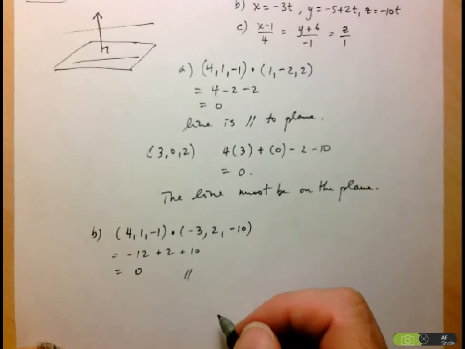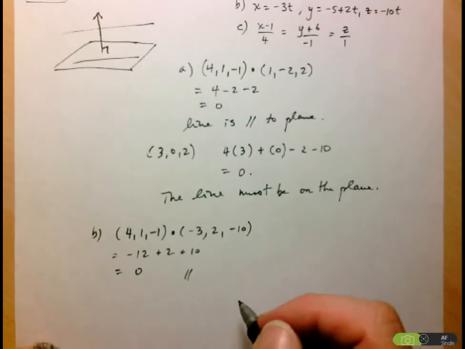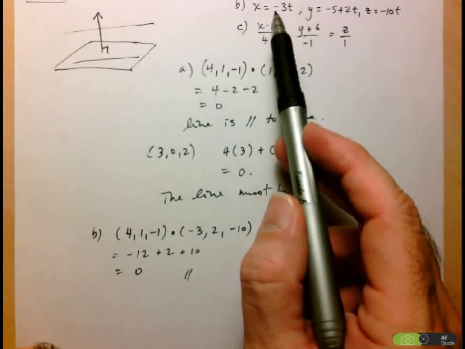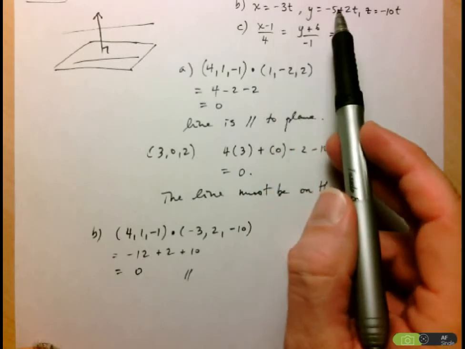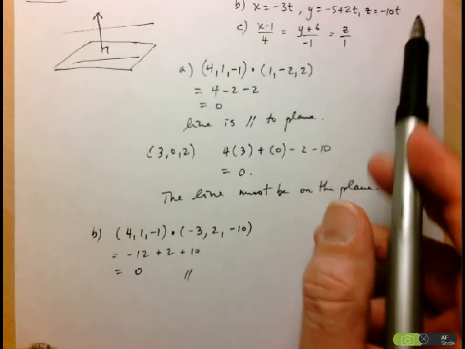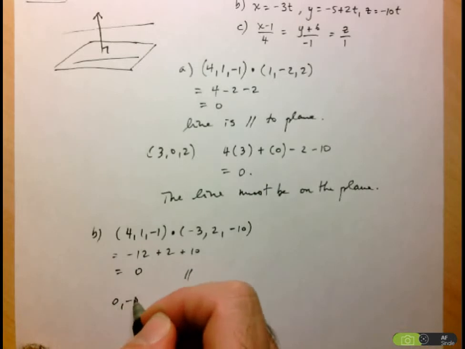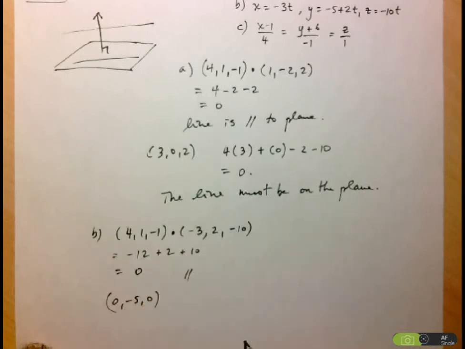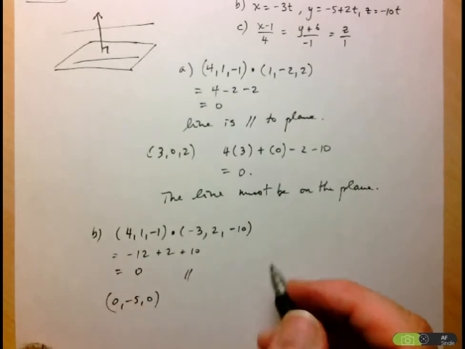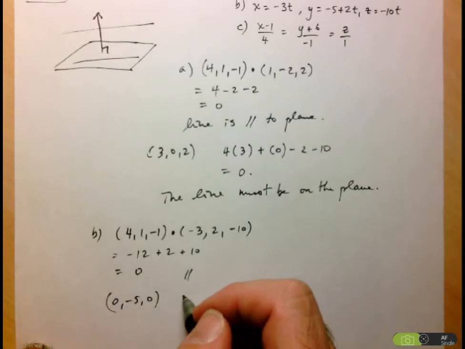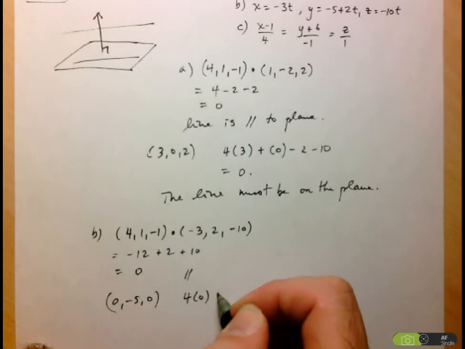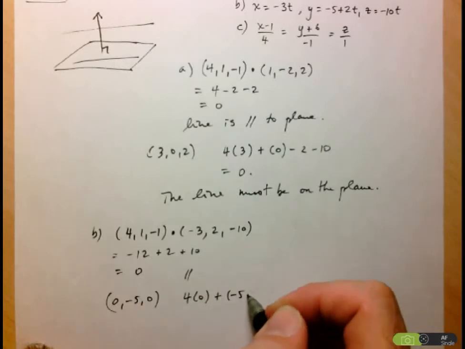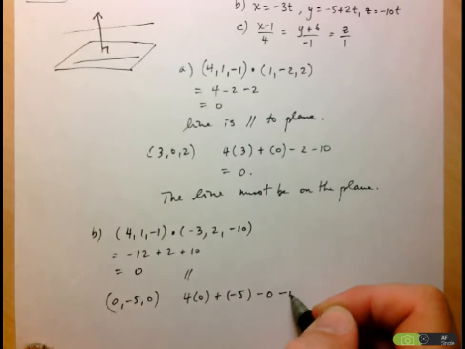Now let's see if it's actually on the plane. So here we see that a point on this second line would be 0, negative 5, 0. And let's input that into the equation of the plane. So here, 4x plus y minus z minus 10. So 4 times 0 plus negative 5 minus 0 minus 10.